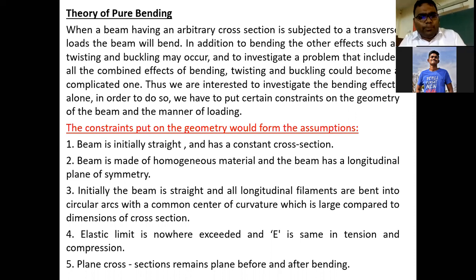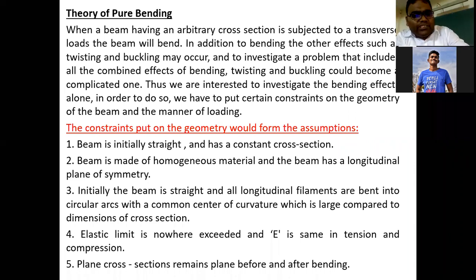What is the theory of pure bending? When a beam having an arbitrary cross section is subjected to a transverse load, the beam will bend. In addition to bending, other effects such as twisting and buckling may occur. Twisting is this type of action. Buckling occurs if the load is applied axially.